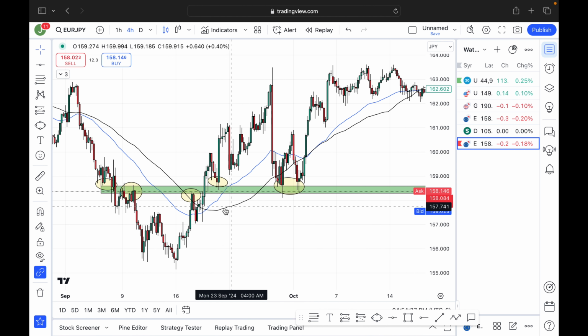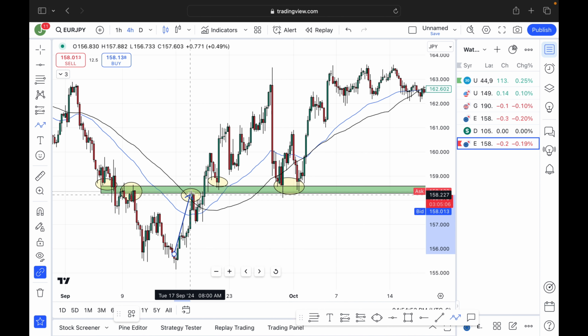So like I said before, when we are below, we're selling. When we are above this support level, we're buying. But we're only buying in an uptrend. So as you can see, price is trending up because we closed above our last higher low. So now we're in an uptrend.